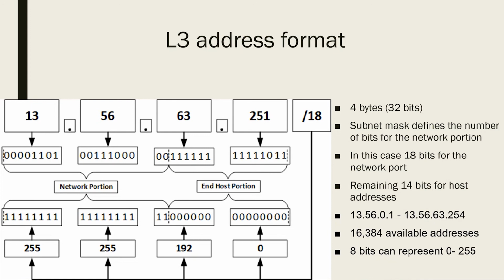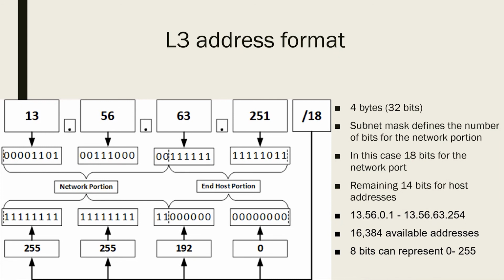And that's how those IP addresses are formed, and how the subnet mask is actually utilized to define that range. So we have that network portion, which is really important when we're forwarding traffic across the layer 3 domain. And then we have that end host portion, which is really important when we're trying to find that end host inside that, let's say, layer 2 domain, or local layer 3 subnet.